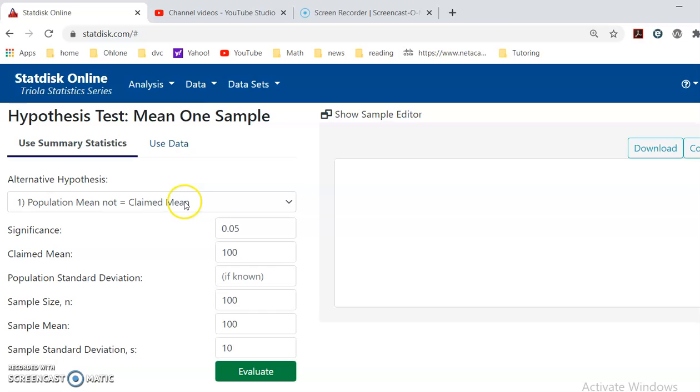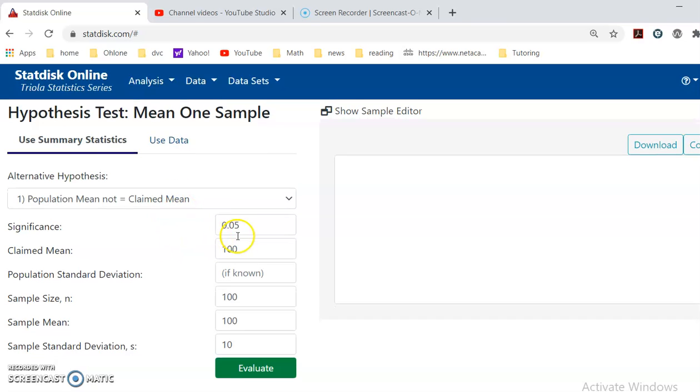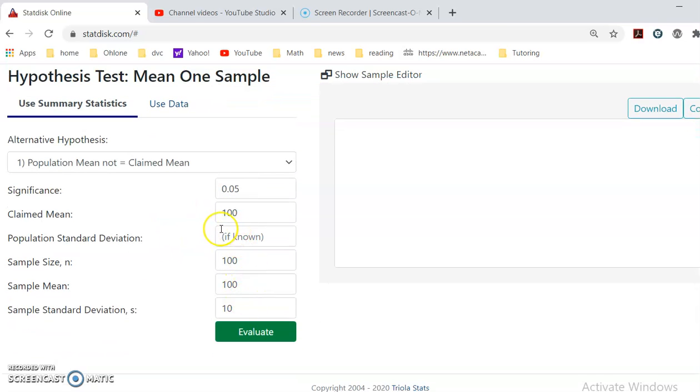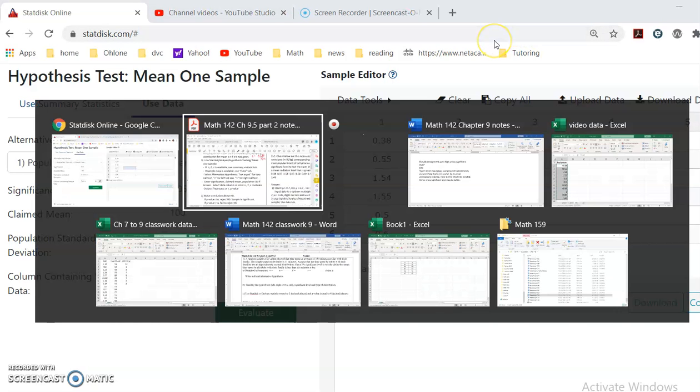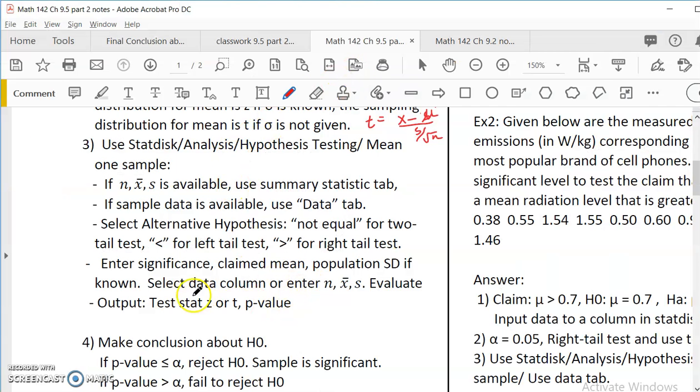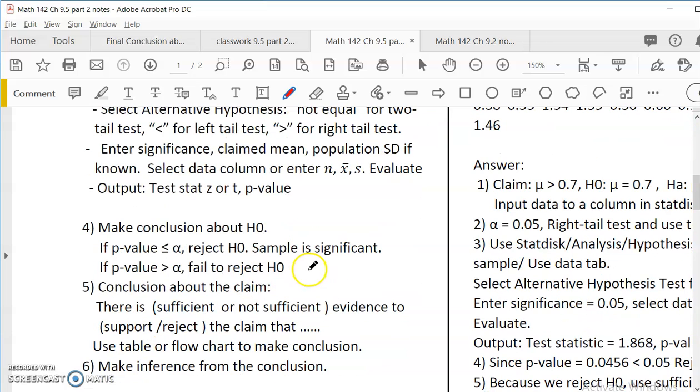You can fill in the alternative hypothesis and all the summary statistics, including sigma if you have it. If you don't, you leave it blank. Or if you have the data itself, then you put it here, and you don't have that many things to enter. All you need to do is talk about the claimed mean and also the alternative hypothesis, and you evaluate. You would calculate the required p-value and t or z statistic.